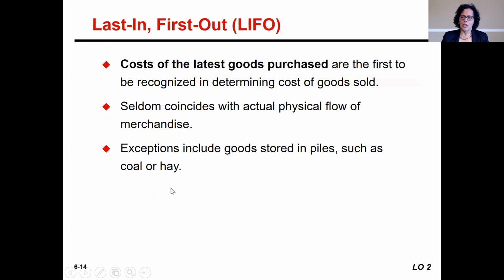An example where this would absolutely make sense is if you were to go by places that have coal, like in Baltimore, you would see that whatever is stacked up on top is the first to be taken out, simply because physically it's hard to get to the old stuff. You see the mountains of salt that they have in Baltimore.